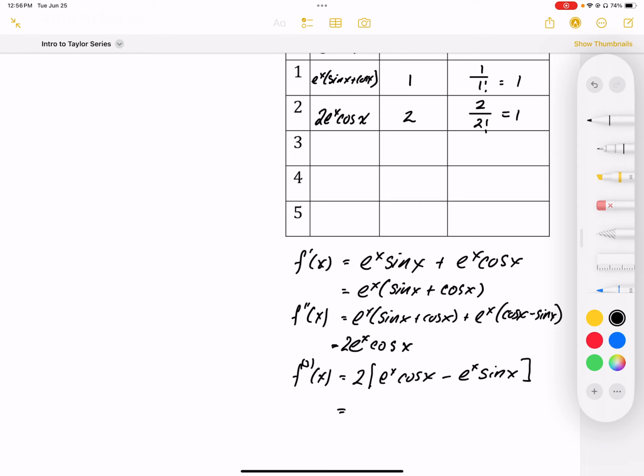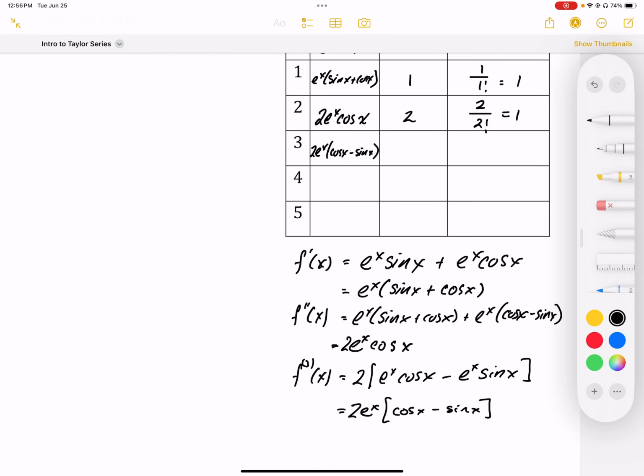Okay, simplifying this out, I'm going to end up with 2e to the x (cosine x minus sine x).